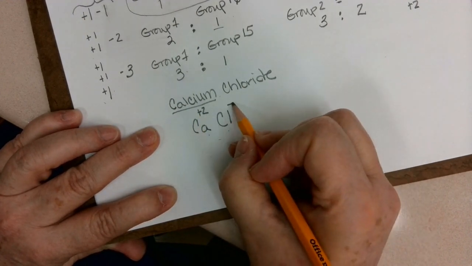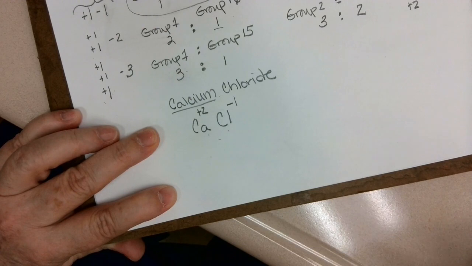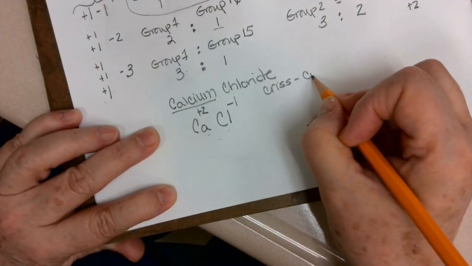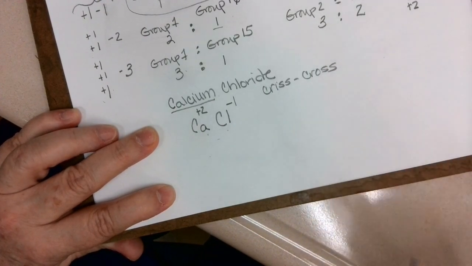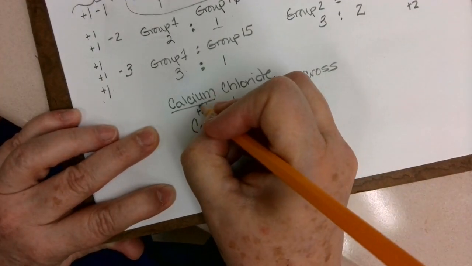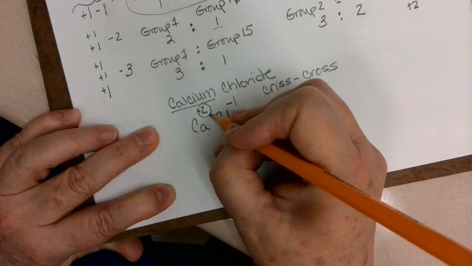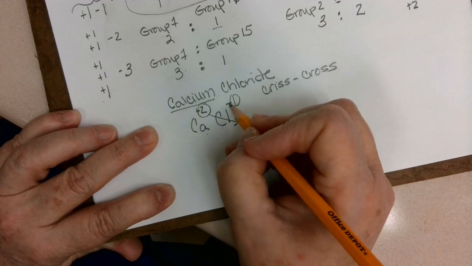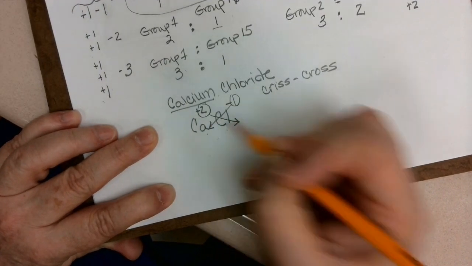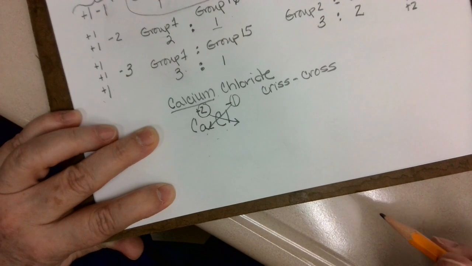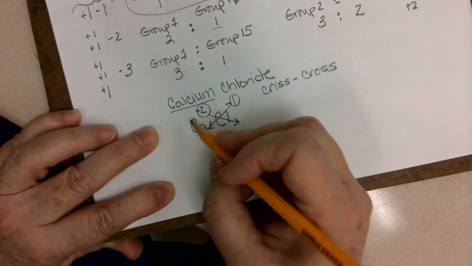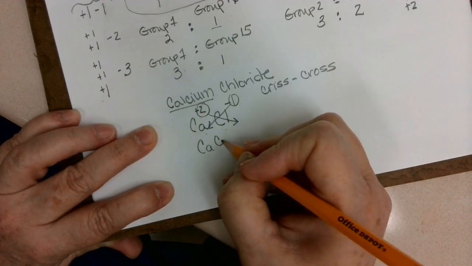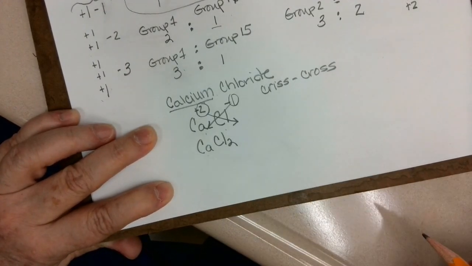Chlorine has a minus 1 charge, and I'm going to do something called crisscross. Crisscross means I circle the number portion and I bring it down to the opposite symbol. And then those become my subscripts. So now it's going to be Ca, 1 is understood, Cl sub 2.